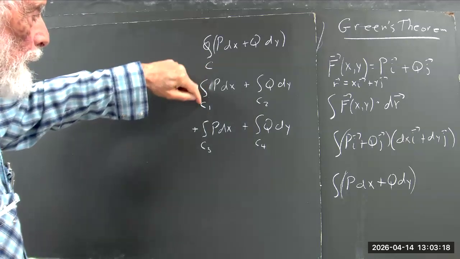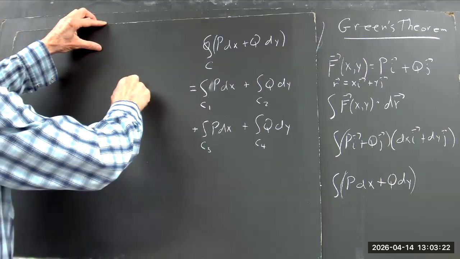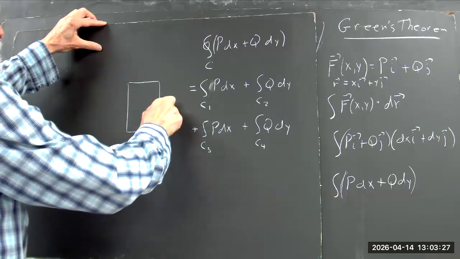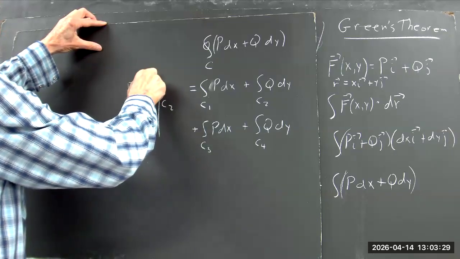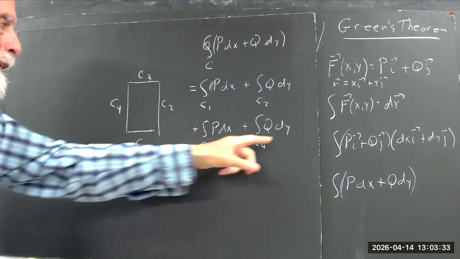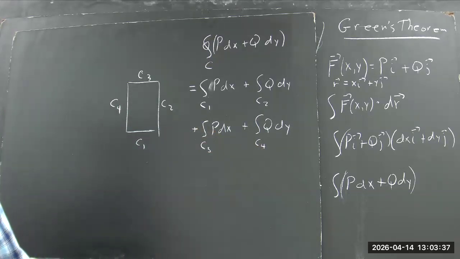Why do I only integrate P dx over C1 and C3? It's because there's no dy when you're integrating in the x direction. Y isn't changing.